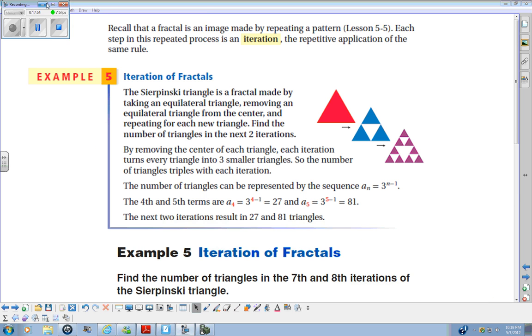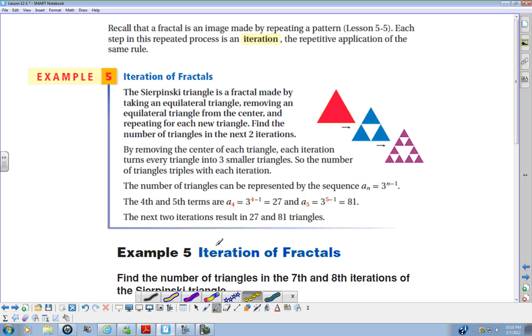Okay, we have one last example here, which is using something called an iteration. And when we talk about an iteration, we're talking about following a pattern. And here's the example in the book that you can see that we start here with a single triangle. And then they cut a triangle out of the middle, so we've taken from one whole triangle now that we have 3 triangles.